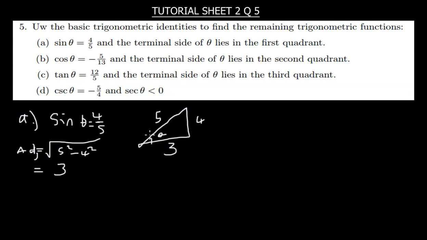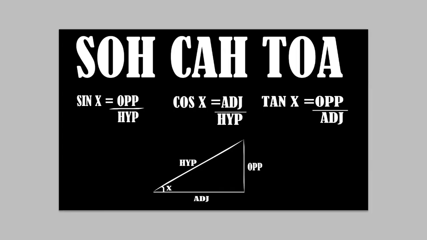So now let us find the remaining trig ratios. The remaining ones will be cos and tan. Let us find cos theta using this same triangle. We all know cos theta is adjacent over hypotenuse, and tan theta is the opposite over adjacent.